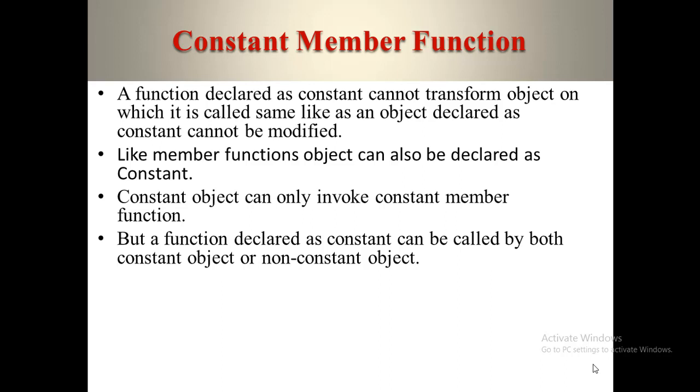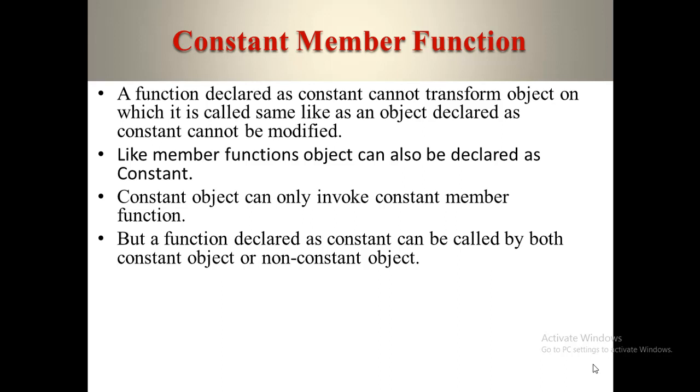This is the second rule. I will repeat the first rule, that for the constant object, there is a restriction that it can call only the constant function. But the constant function can be called by both, either the object is constant or non-constant object.